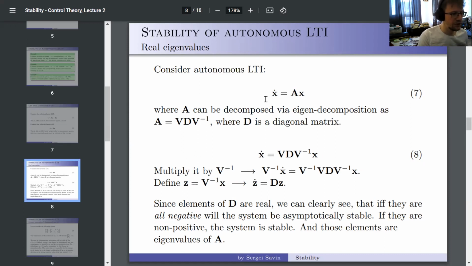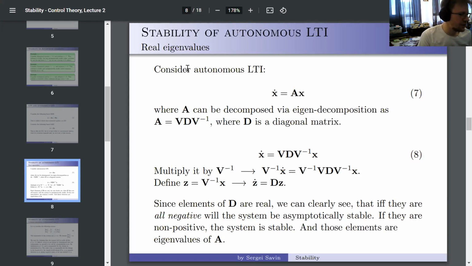If matrix A has all real eigenvalues and eigen decomposition exists, then the criterion of stability is that they are all negative. That sounds very specific and not useful, and that is not the actual criterion we are going to use. But the proof that I gave here is very simple, and that is the beauty.